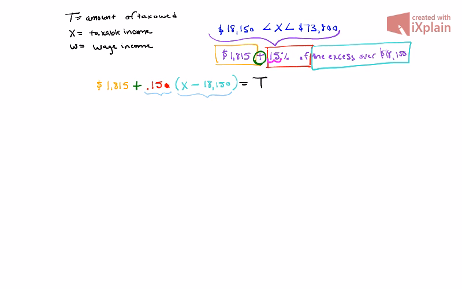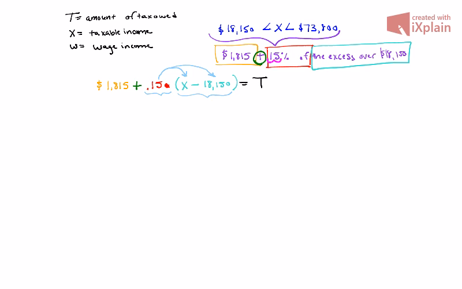So at this point, you're hopefully screaming distribution, or maybe just think it, just in case you have people around you who are listening. So we're going to distribute that 15% to each of those terms, X being one term and that 18,150 being the other term.